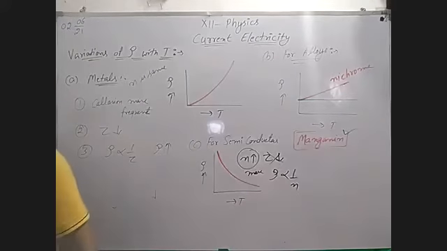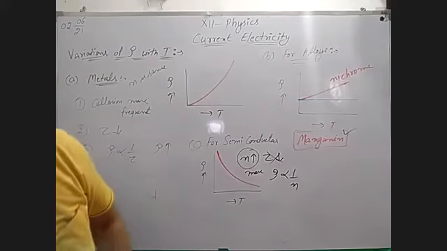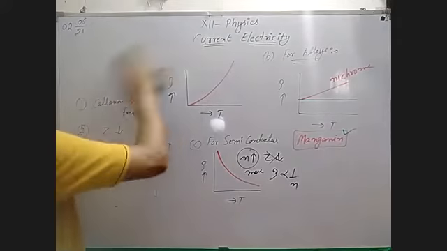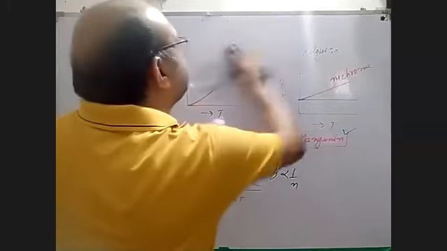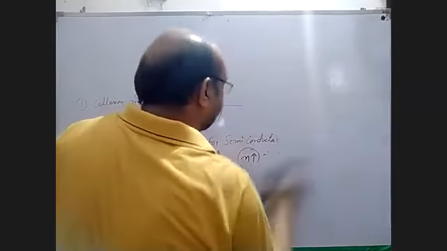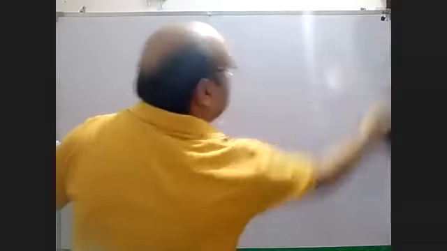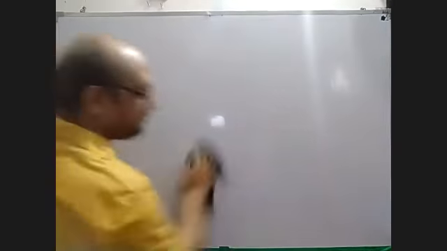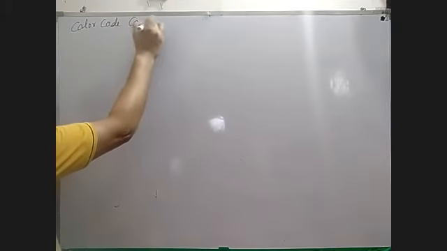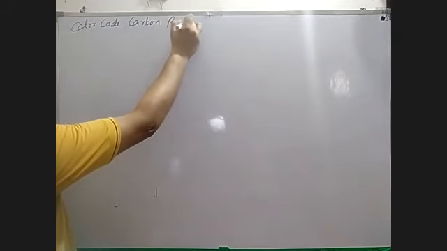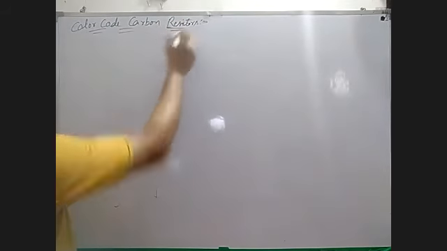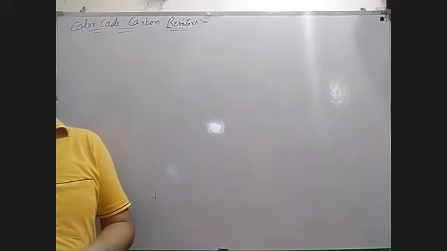Now, the next thing is the color code of a carbon resistor. Using the color code, we can determine the resistance.